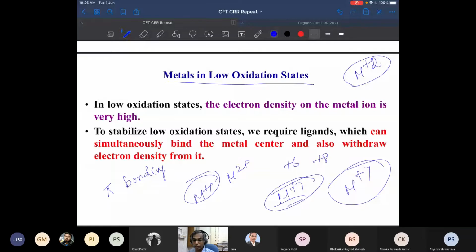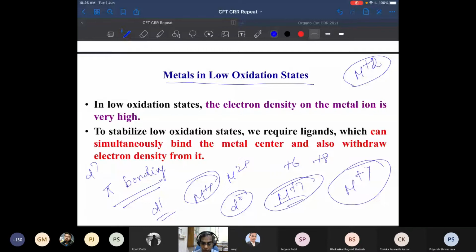Again, let me explain. A metal in the low oxidation state or a metal in the high oxidation state: one is electron rich, another is electron poor. No electron is there, so they say d0 or d1, or say for example d0 and then d7. You can compare this.